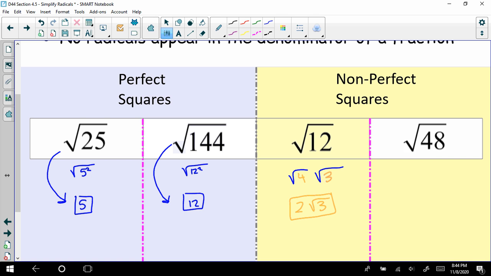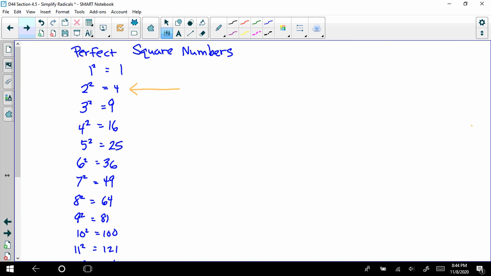Now with 48 under the radical, notice 48 divided by 4 is 12. The problem here is 12 is not simplified completely. So we could do radical 4 times radical 12, but there's actually a larger perfect factor that can help us, namely 16.